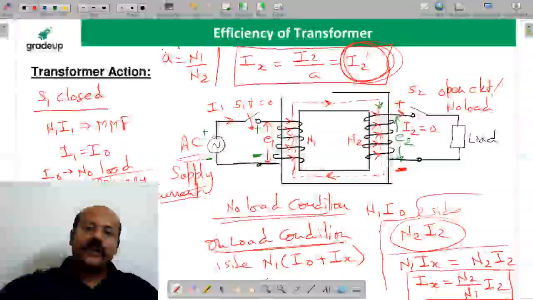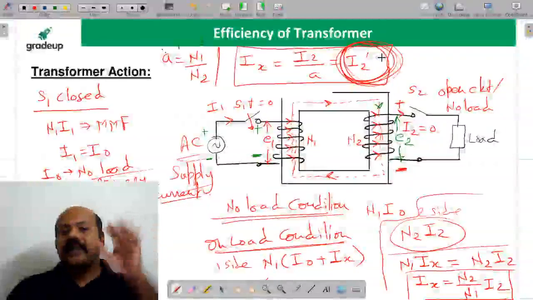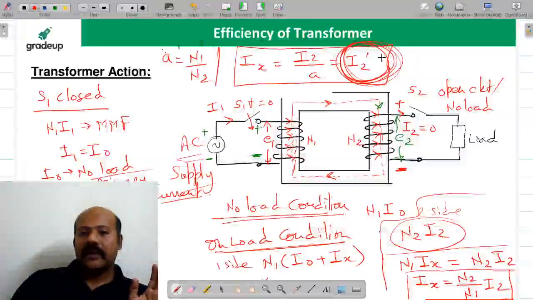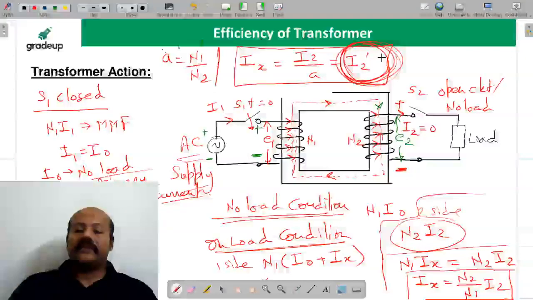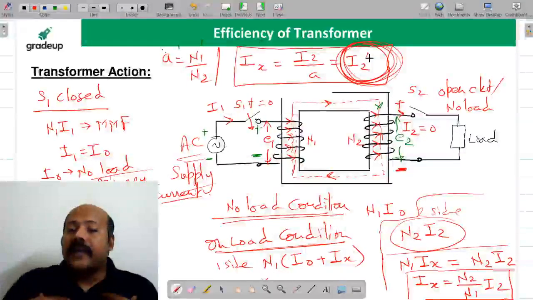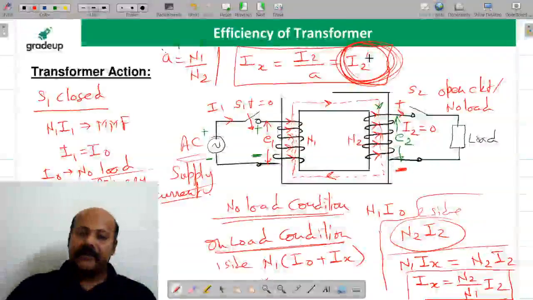What is this current? You listen to me very properly. If you understand this, then the whole rest of the transformer theory is very easy. That is only maths. This is electrical engineering. This I2 dash is the current seen by the source connected at the primary side.